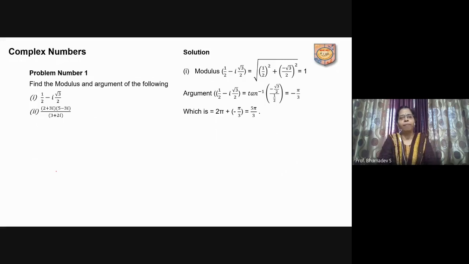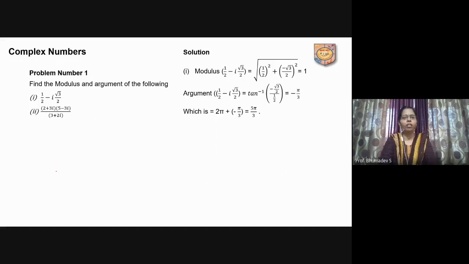It can be further written as the theta value in the fourth quadrant, which is 2 pi minus pi by 3, equal to 5 pi by 3. Otherwise, you can conclude your argument as minus pi by 3 itself. If you want to represent it in a positive way, then you can do 2 pi minus pi by 3 and represent it.